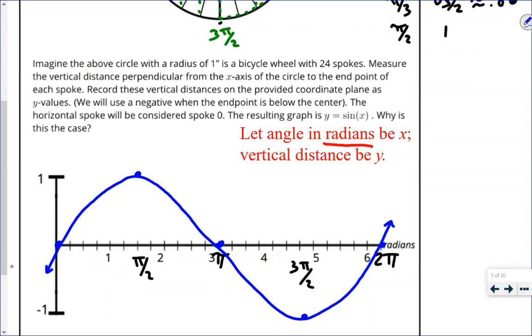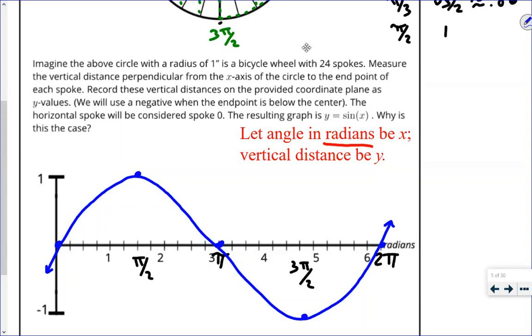And that is the function y equals sine x, where the domain value is the angle you're talking about in radians, and the output, the y value, or the range, is the vertical distance. In other words, the sine value at any given angle.